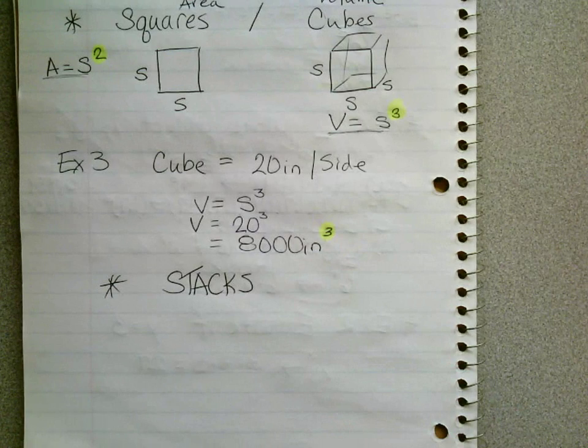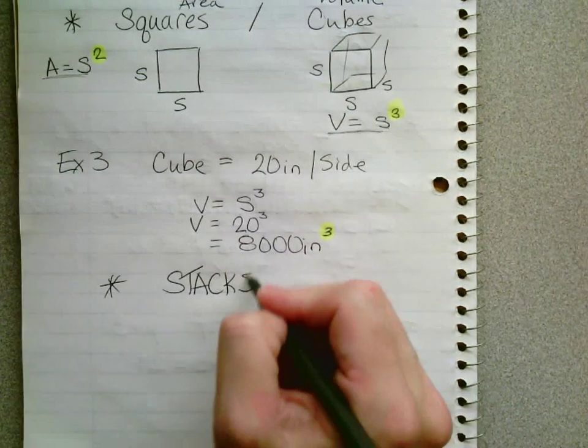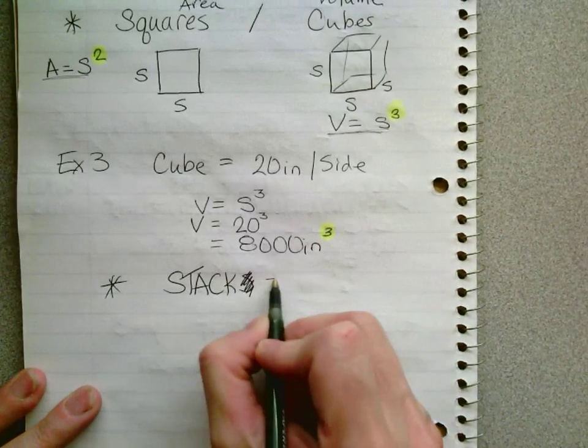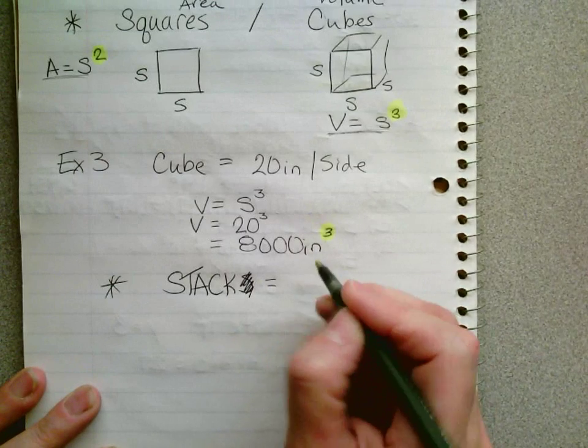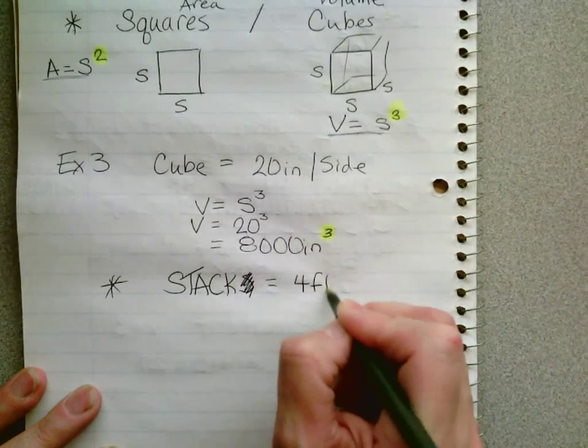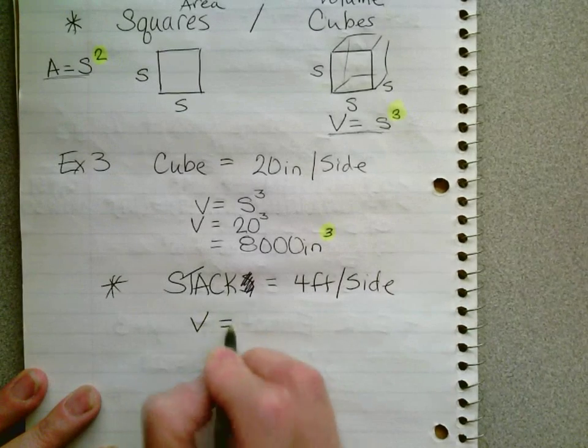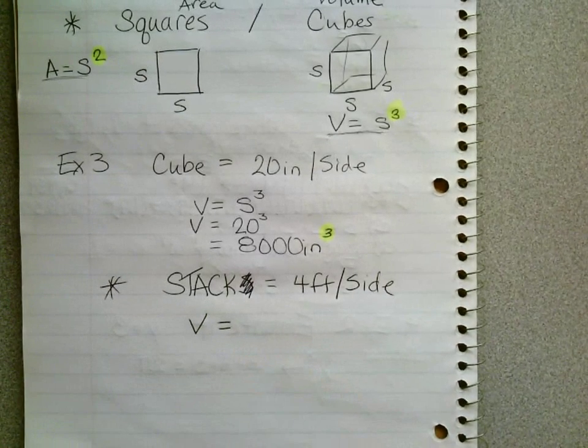Well, if they built a stack of books and the stack was shaped as a cube and the cube was 4 feet per side, what would the volume be? Use your calculator, figure it out. Since it's a cube, because I told you, you're going to use volume equals side cubed.